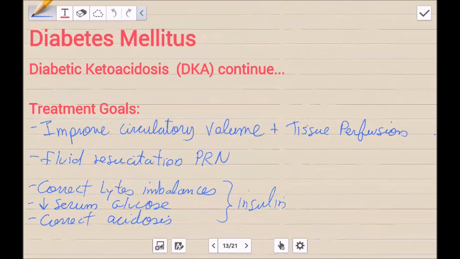The goal is also to decrease the serum glucose levels and to correct the acidosis, and all of those things can be accomplished by insulin. So patients will usually be started on an insulin drip, and blood sugar will be tightly monitored to a desired level until the patient's condition starts to get better.